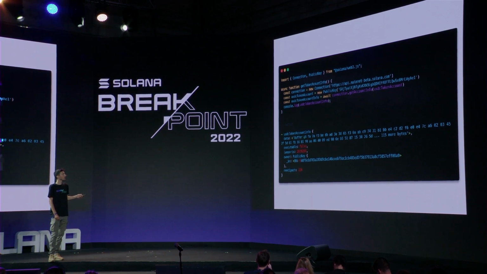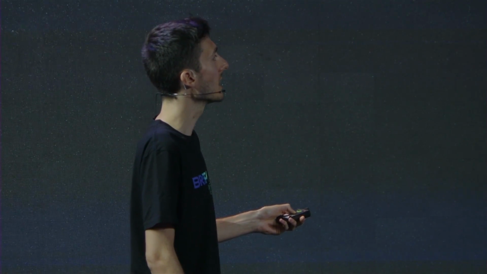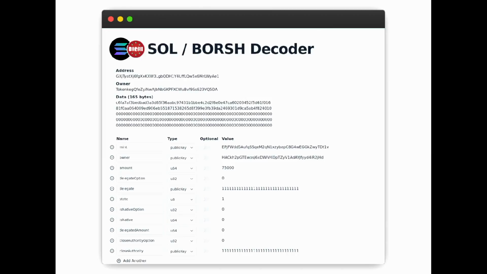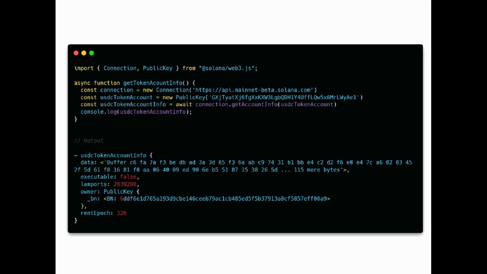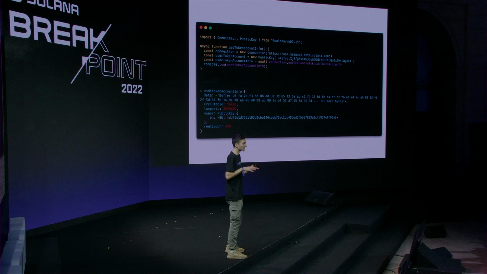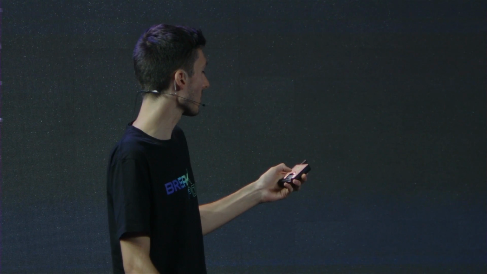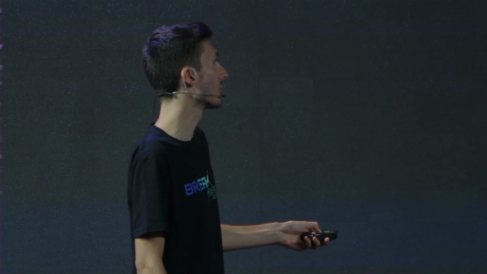And we can see the buffer starts with C6FA, and it's exactly the same one that we have on the previous slide, C6FA. We can also see that it's not an executable, so it means that this is really data. It's not a program that executes code. It's only data. And we can also see the owner, which is the token program.